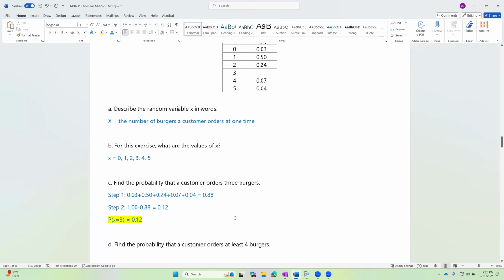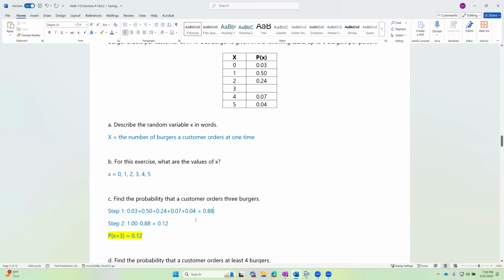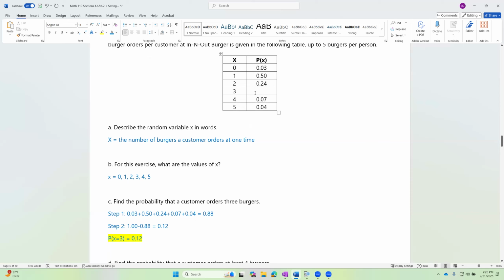Okay, moving on to part D, find the probability that a customer orders at least 4 burgers. Let me go ahead and add in our newfound probability.